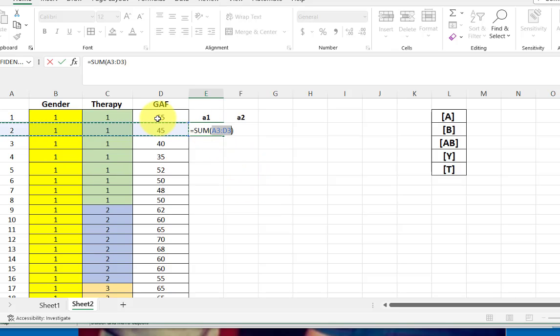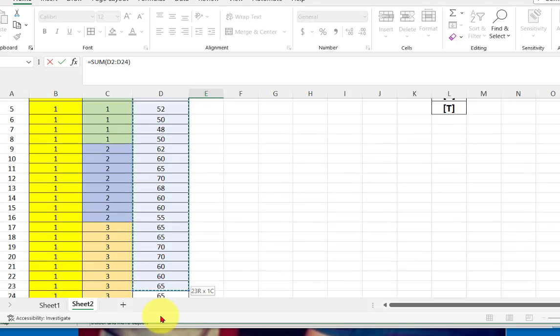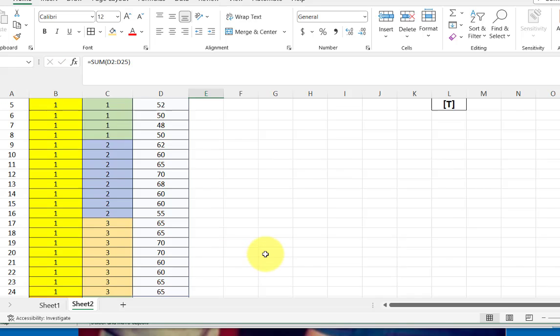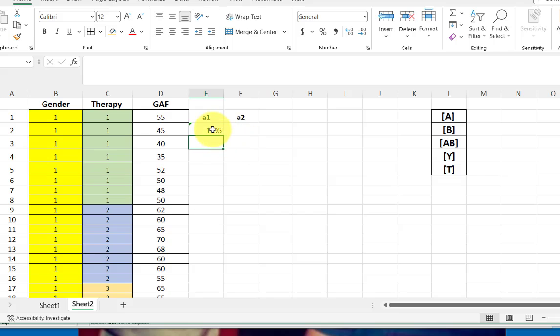So the first one is all the males. That's the first group, is all the males, right? Second group is all the females.